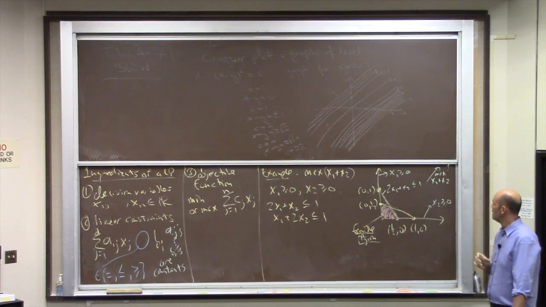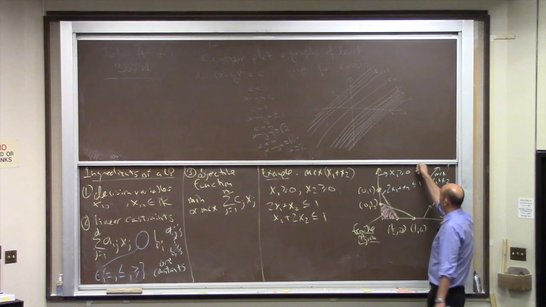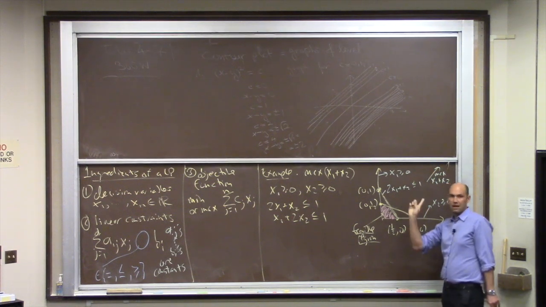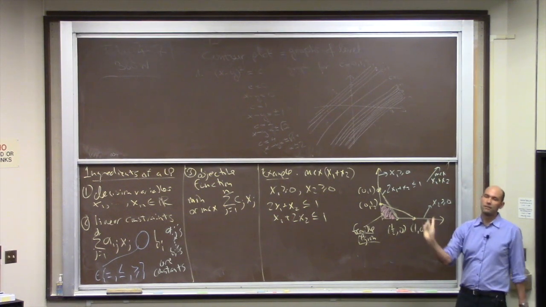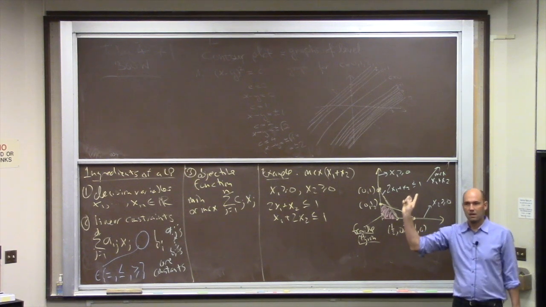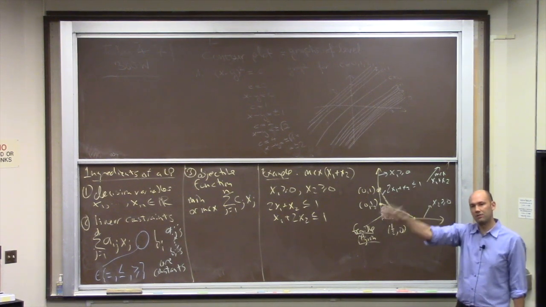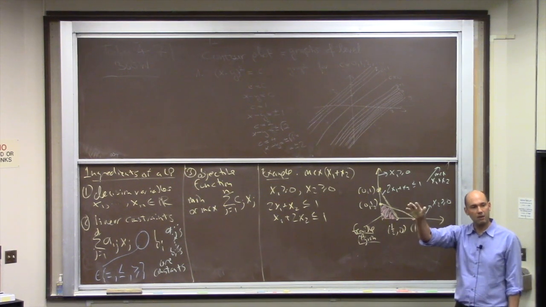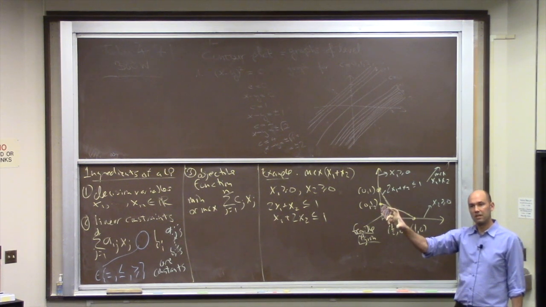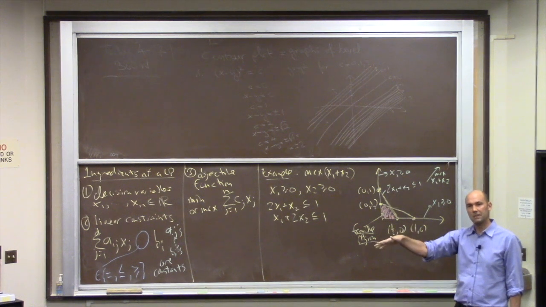The lines go orthogonal, perpendicular to the direction of the objective. So if the objective is going straight northeast, the level sets go straight from northwest to southeast at a perpendicular angle, because all of those have dot product 0 with the objective, so they all have the same objective value.